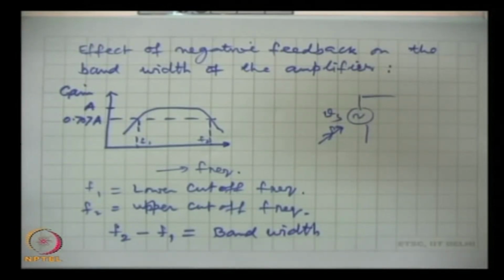Depending on our application, how much this bandwidth should be, we have to design the amplifier accordingly. It may be very large, it may be small, requirement may be of not very high bandwidth and requirement may be very high bandwidth.